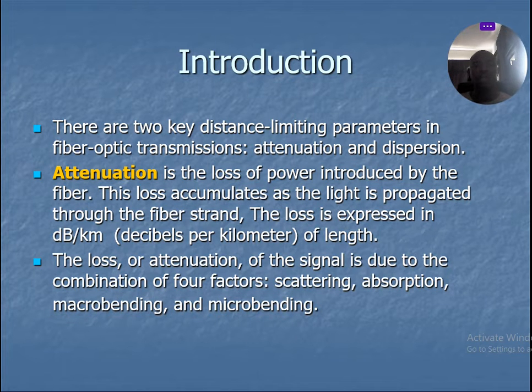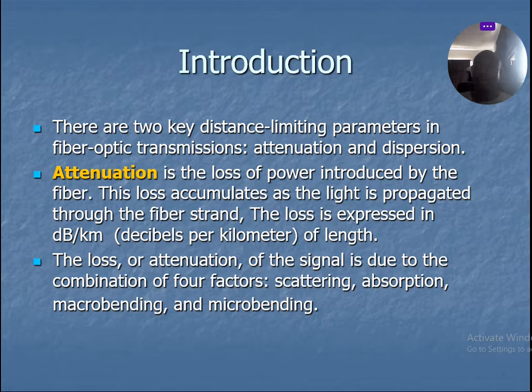The loss is usually expressed in decibel per kilometer. Is that okay? The loss in light that propagates through optical fiber is expressed in decibel per kilometer. That's the unit, decibel per kilometer. Now the loss, or what you call attenuation, of the signal is due to the combination of four factors. There are four factors that are responsible for your signal degrading.